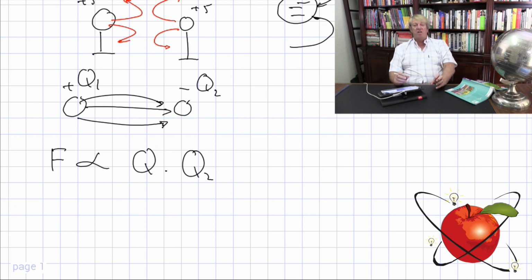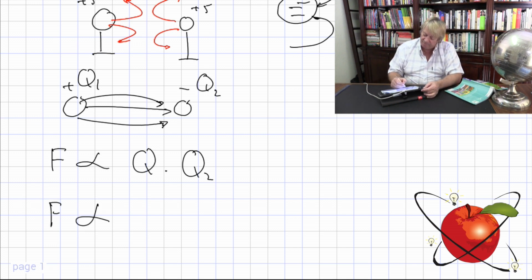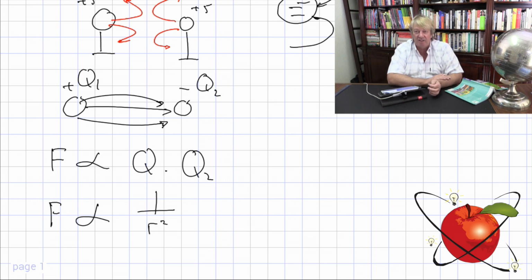Because the stronger they are, the more the force, right? And I don't know if you've ever tried to push magnets together, the force can become pretty powerful at the end of the day. So we can say it's proportional to Q1, Q2. And you're right, R squared comes back into it.